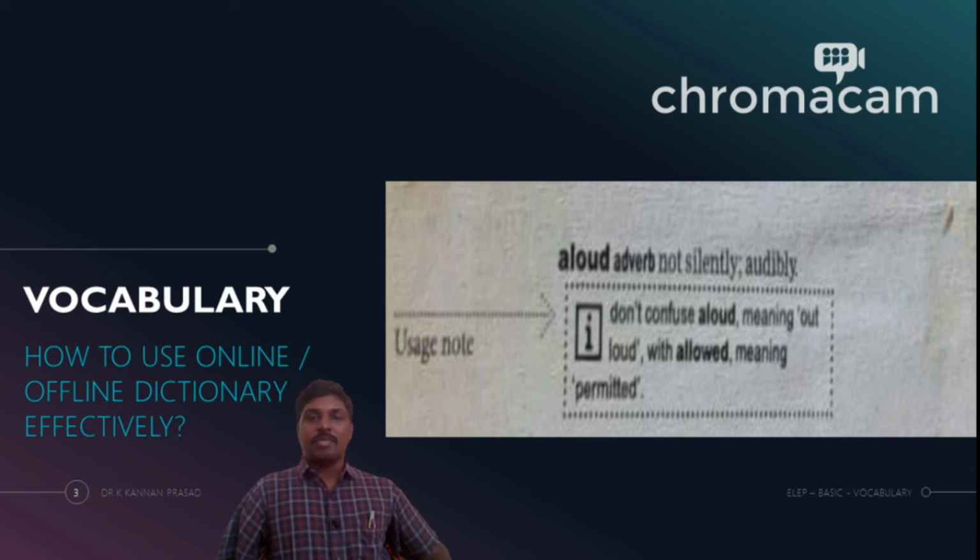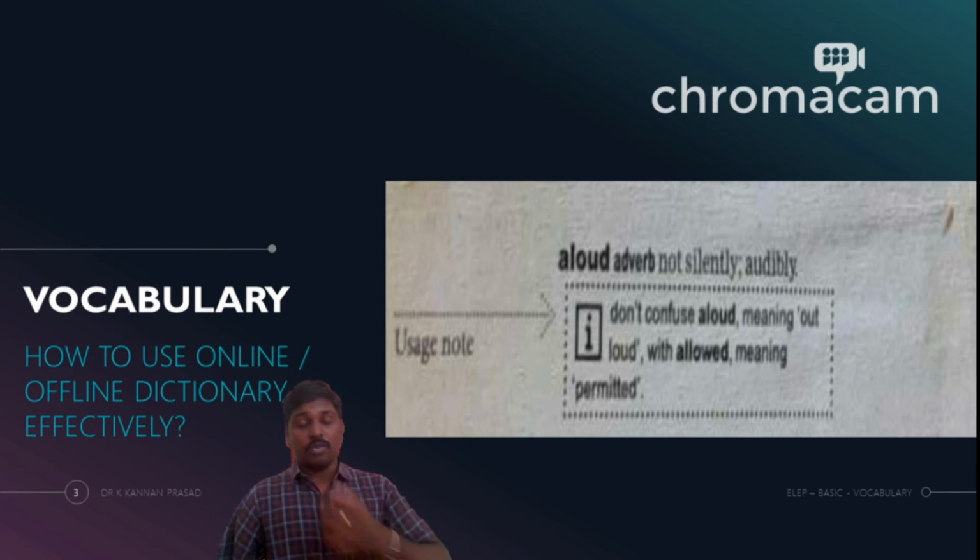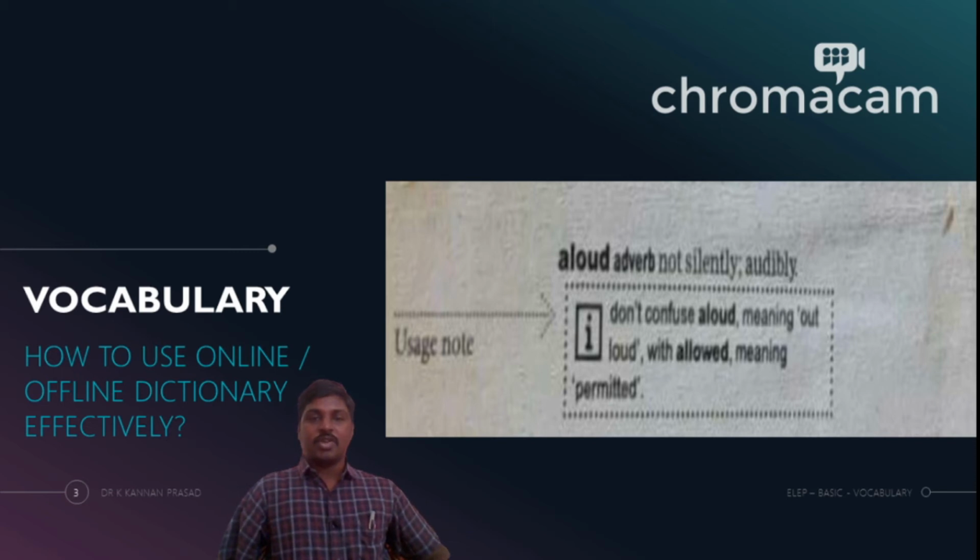The meaning of the word allowed has been given here, but then in the bottom there is a dotted rectangular box that is being given for you. There is a letter I inside a black box here, which is an abbreviation for information, right?